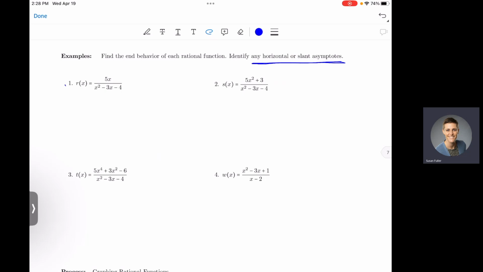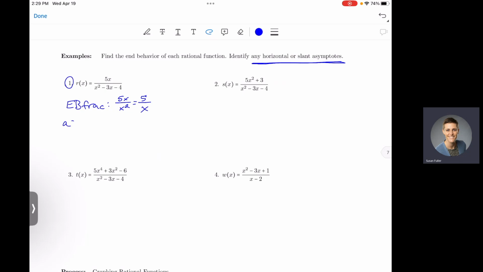So number one, r of x equals 5x over x squared minus 3x minus 4. We're going to start by finding our end behavior fraction. Leading term on top is 5x. Leading term on the bottom is x squared. Simplify that, and we get 5 over x.